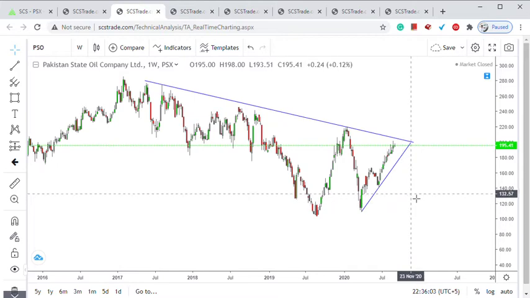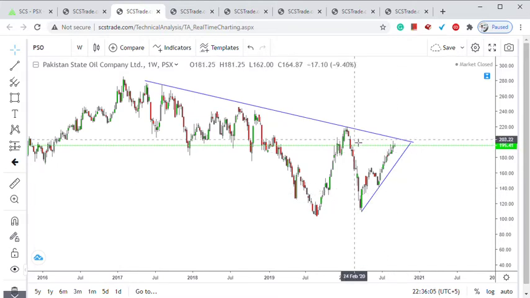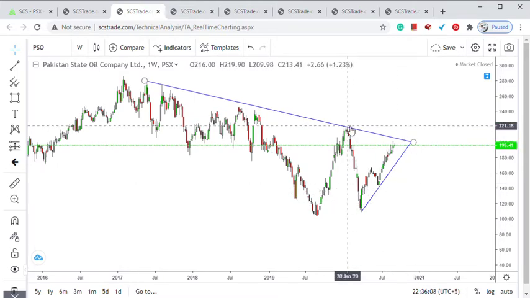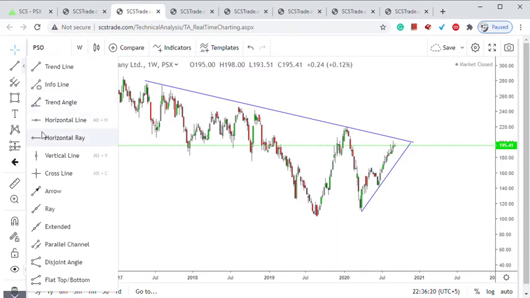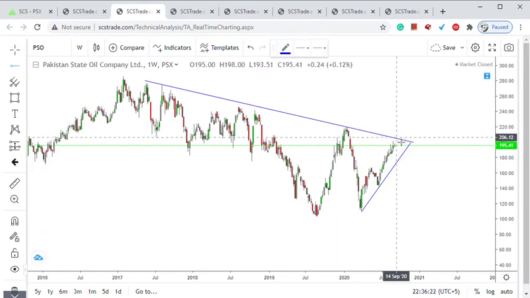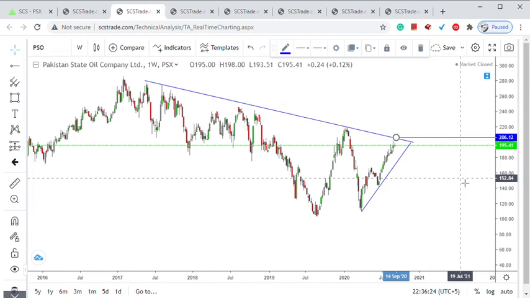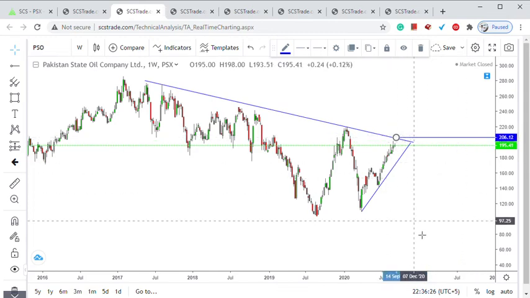Right here on the weekly time frame, you can see this is the resistance level of 220 or 221, but on the basis of the trend line, the resistance would be 205. Let me put the horizontal line there to be on the safe side. Okay, 200, 206.